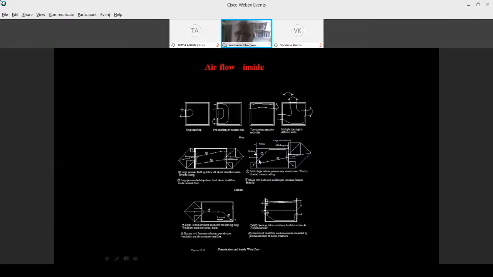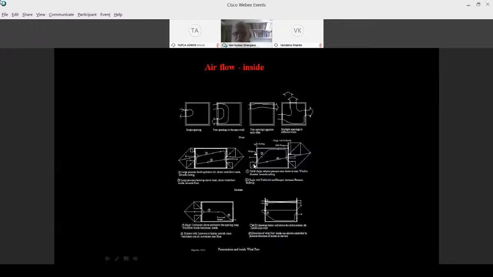Then the only available catchment area for the wind is below the window. And the larger the surface area, it diverts the wind inside in the opposite direction. So this will divert the wind upward, which we do not want.